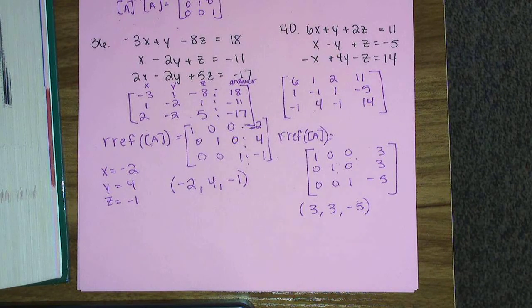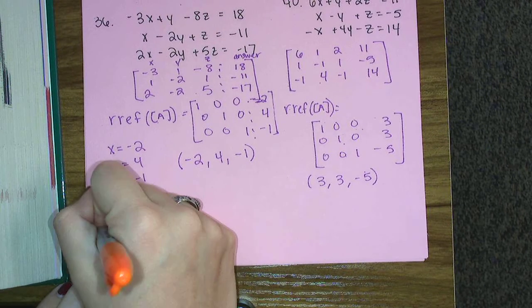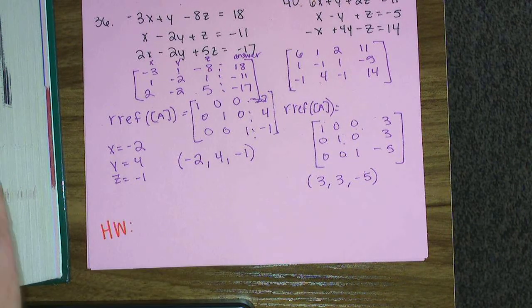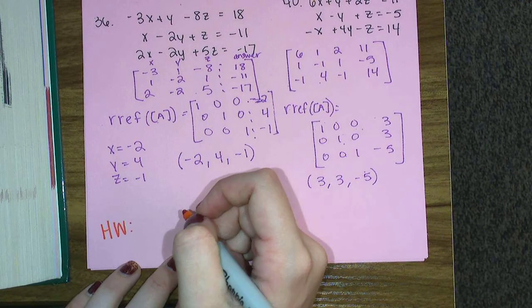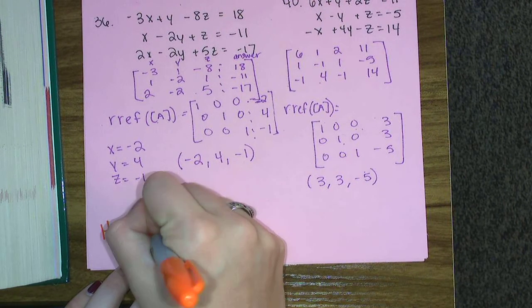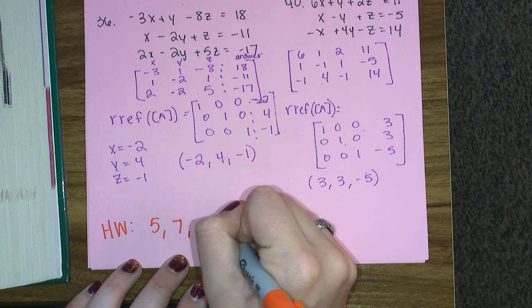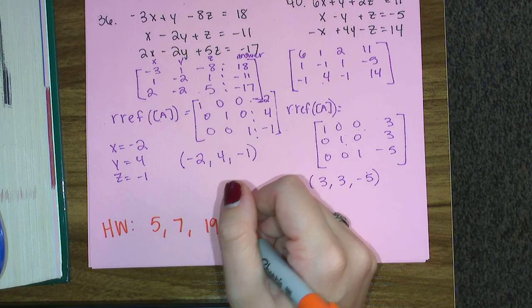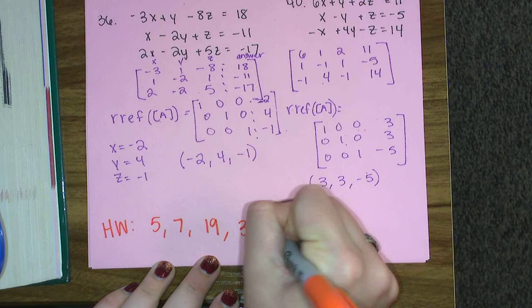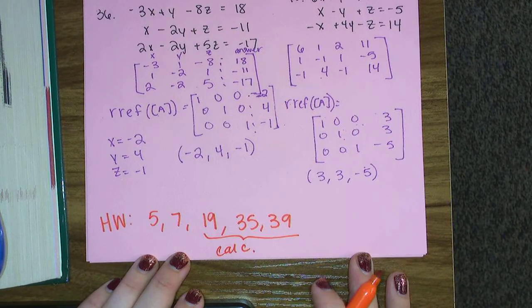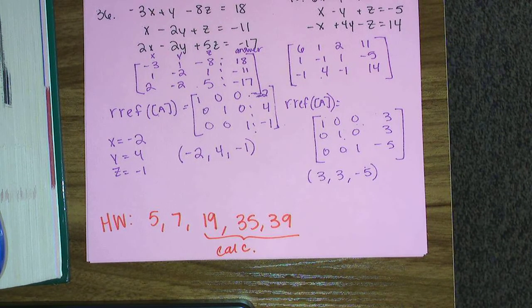Okay, so let me give you your problems: 5, 7, 19, 35, and 39. These three here are all calculator problems. So 5 and 7 are the only ones you have to do by hand. If you want to check it with your calculator, you can, but you have to do 5 and 7 by hand. And then the rest of them are on the calculator.